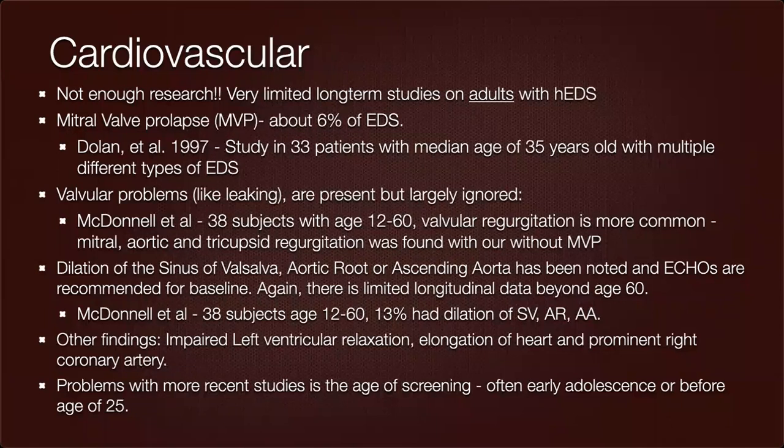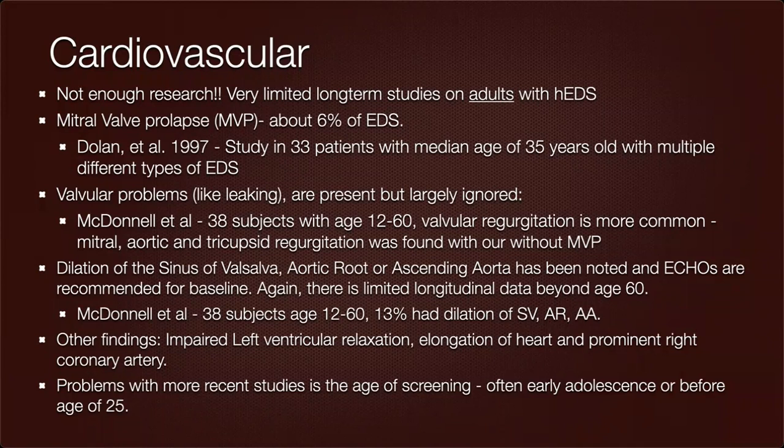There are other ones that are not as common, but have been recorded. So dilation of various parts, various vessels around the heart. The one that's the most common that we look for is the aortic root, the part of the aorta that comes right off the heart. Again, since the only study goes to 60, it's not helpful, but 13% did have dilation of one of these vessels.